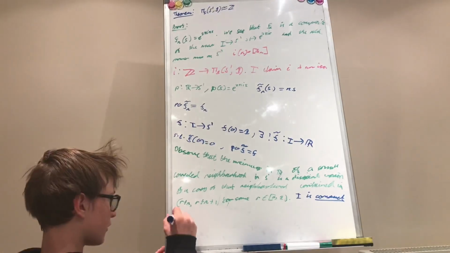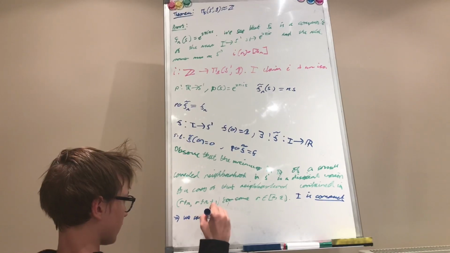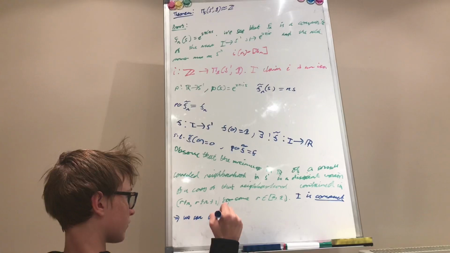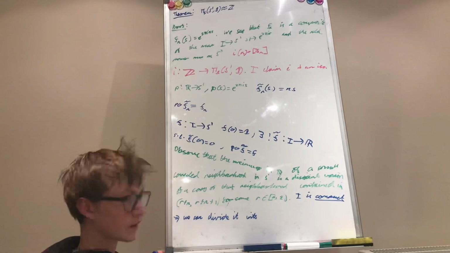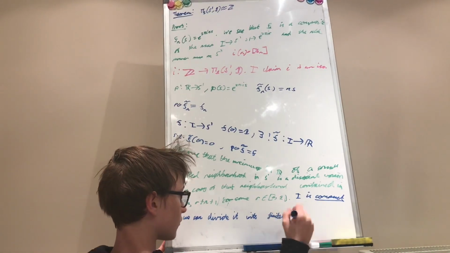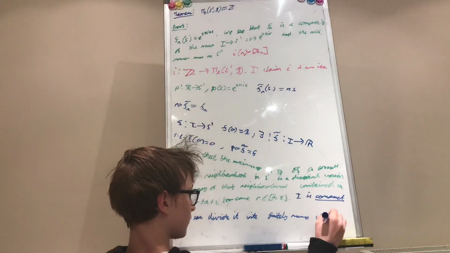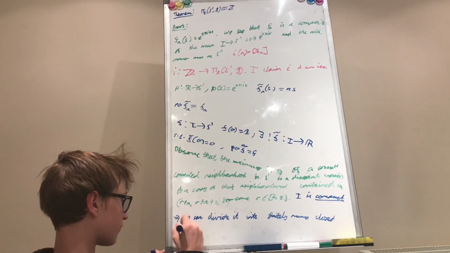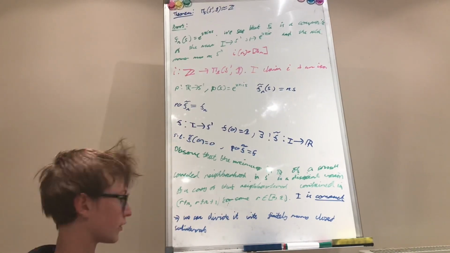Alright? Now, this means we can divide it into finitely many closed subintervals, sorry, subintervals, okay?